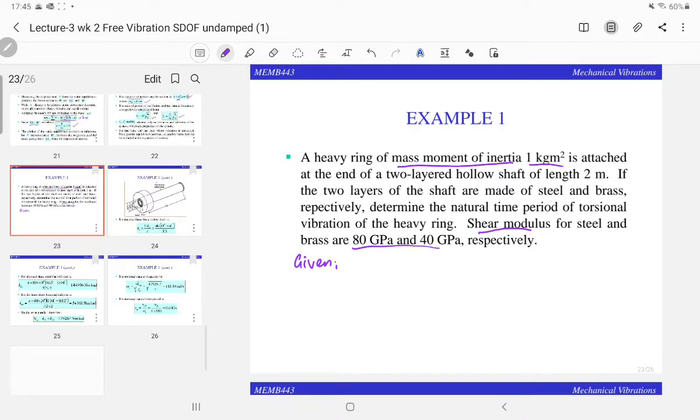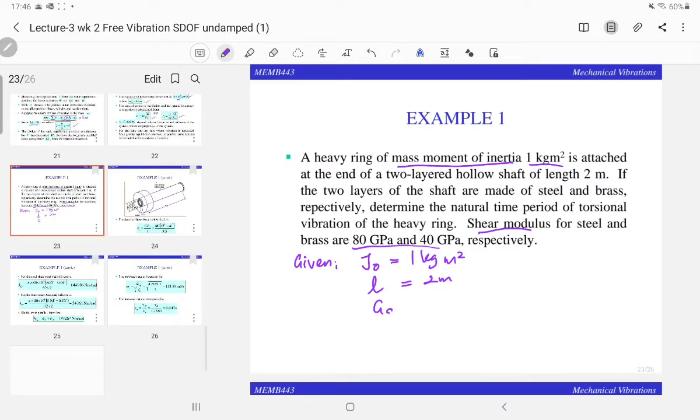They also give you the shear modulus. Mass moment of inertia is like your mass, but in a rotational system it is your J naught. So 1 kilogram meter square, and at the end of the 2-layer shaft, the length of the shaft is 2 meters.